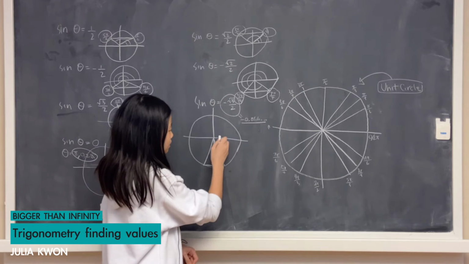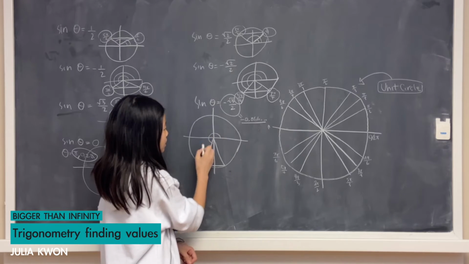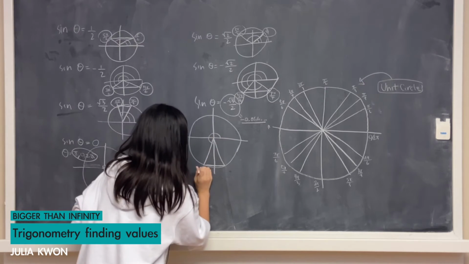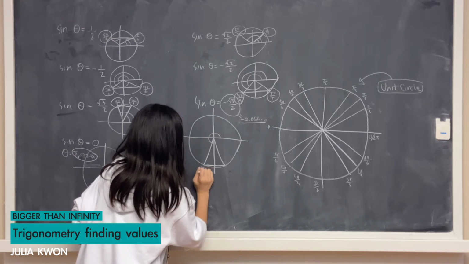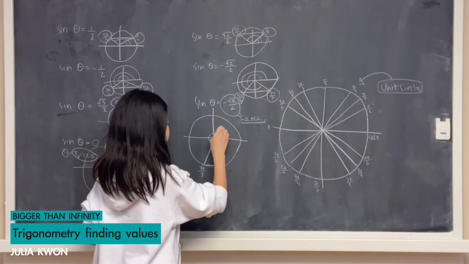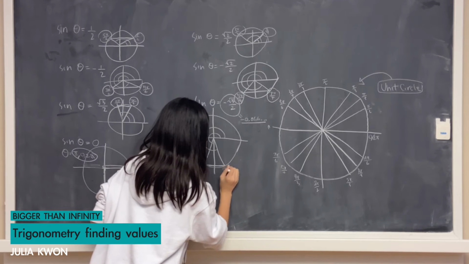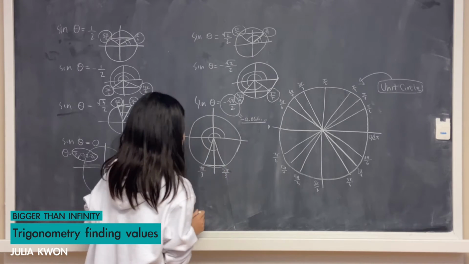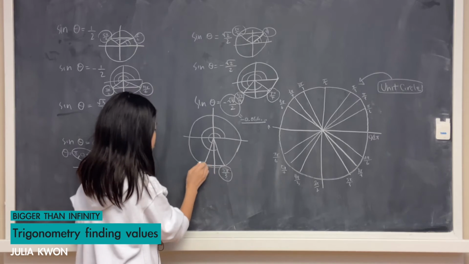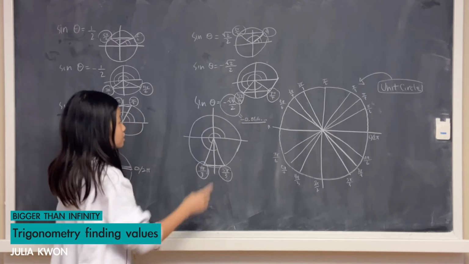And this radian is 4pi over 3, and this radian here is 5pi over 3. So these two are the radians for the theta in this equation.